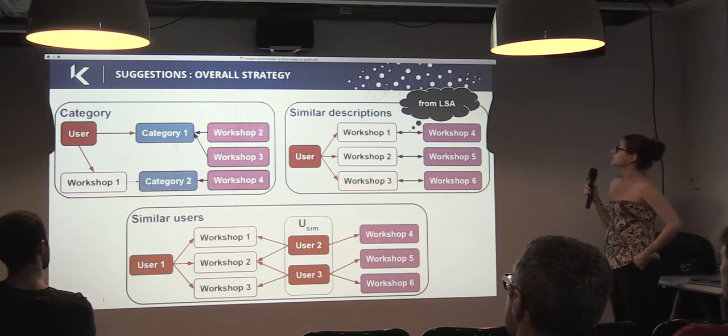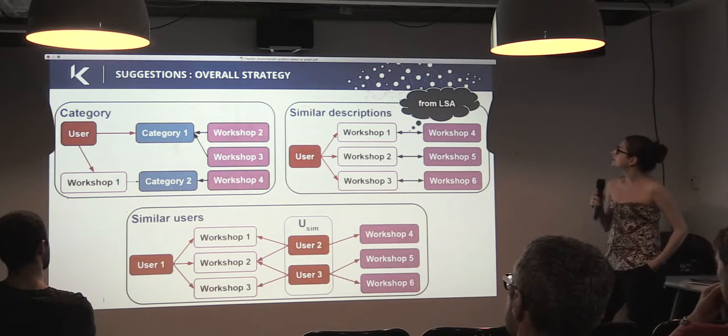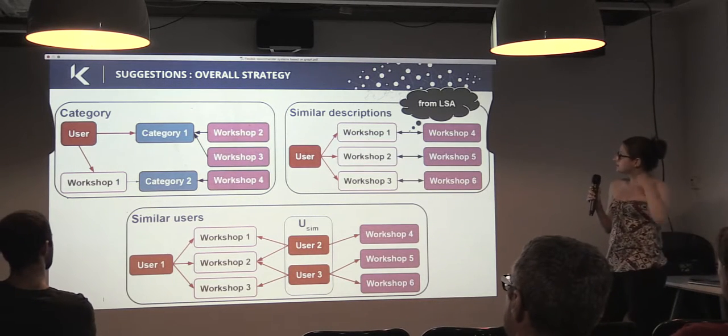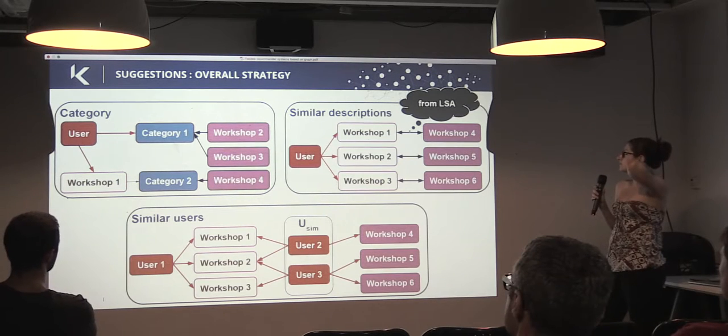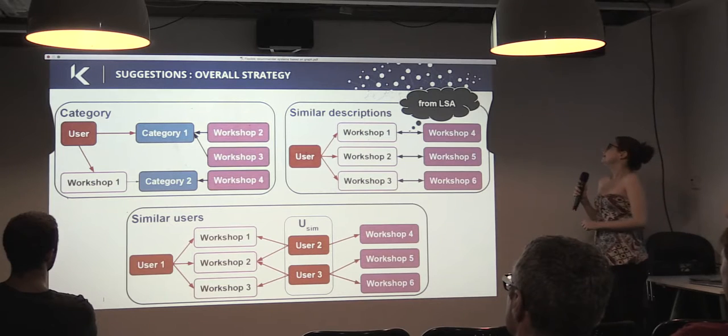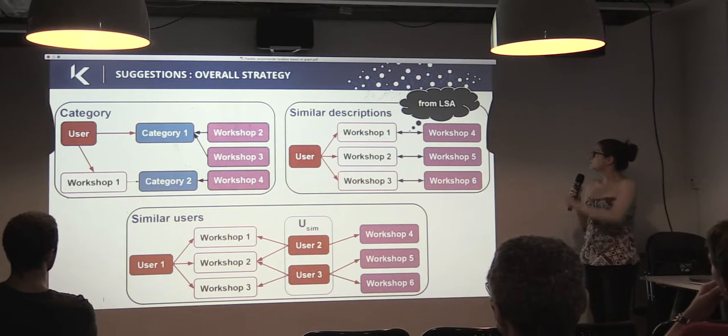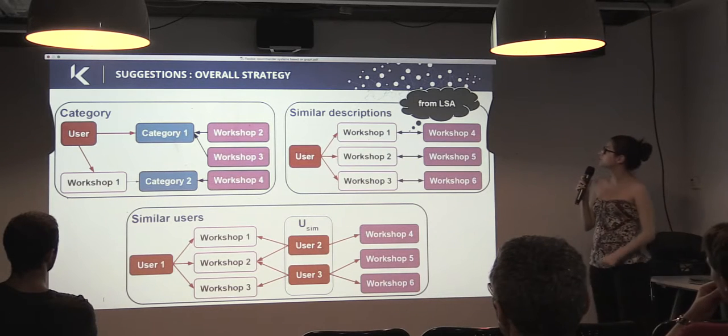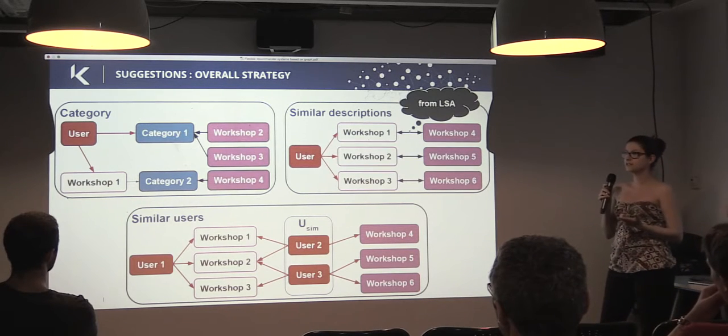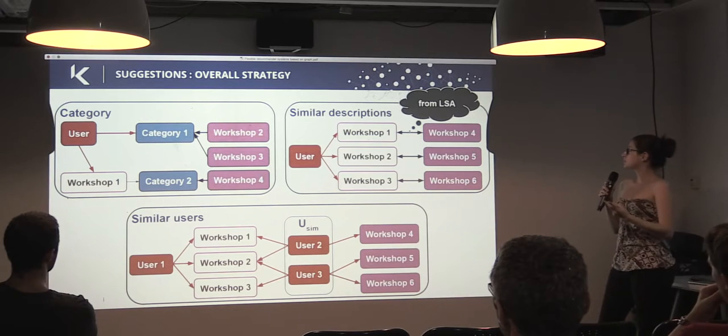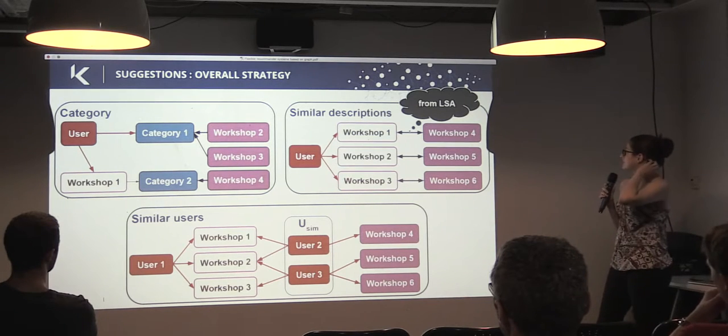The second strategy is the one that is based on the comparison of the text describing the workshops. As a prerequisite to this strategy, we use latent semantic analysis to attribute a similarity score to each pair of workshops that is in our database.